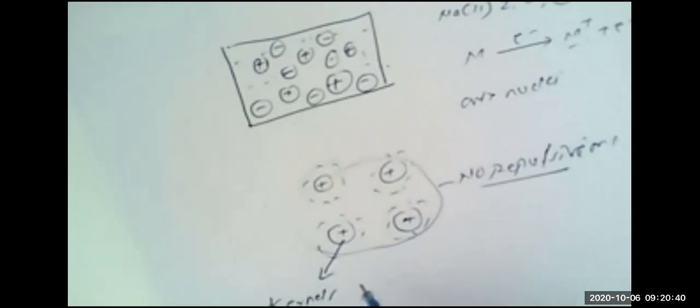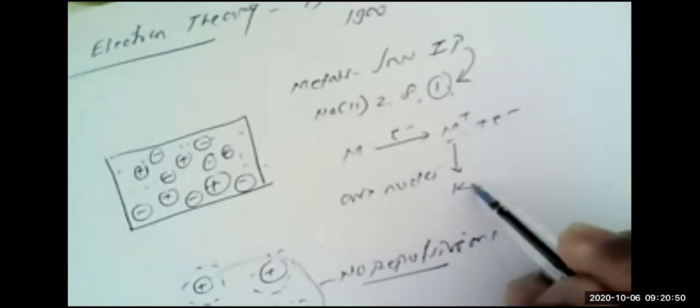Now the metal from which the electrons are removed is known as the kernel. So the kernel is nothing but the positively charged species formed because of the loss of electrons. This is known as the kernel, or it is also known as a metallic kernel.